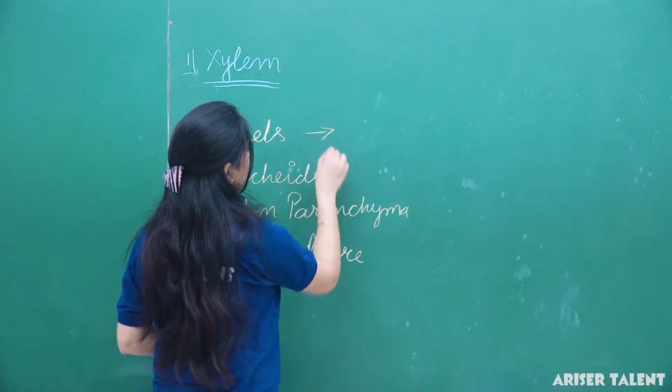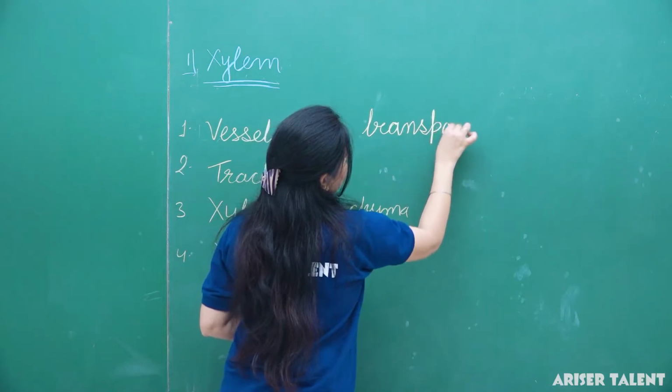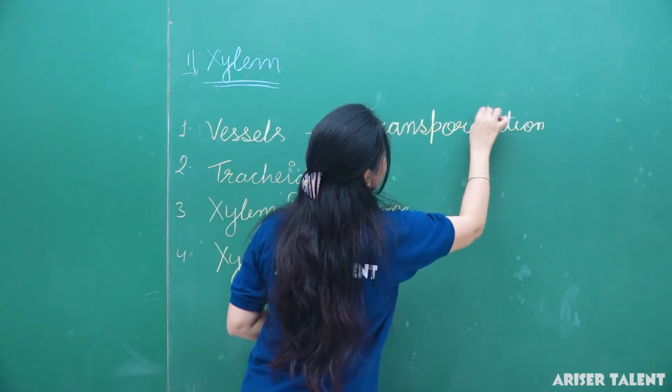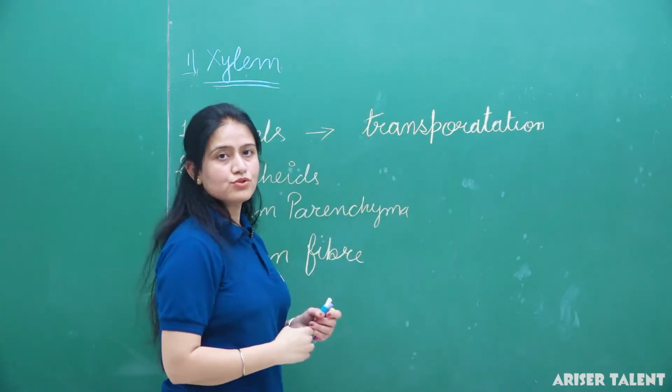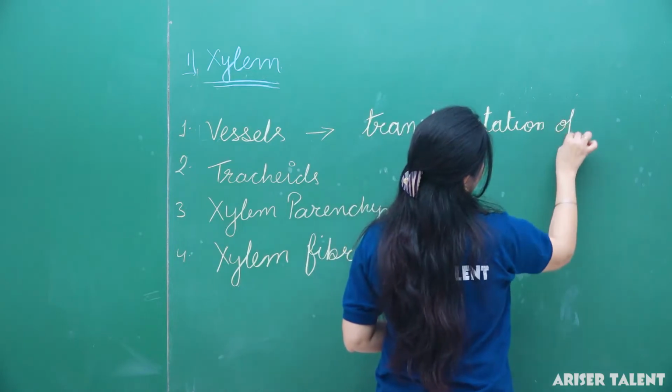So, we are talking about vessels. They do the transportation of water and minerals from root to the different parts, or root to the leaves.